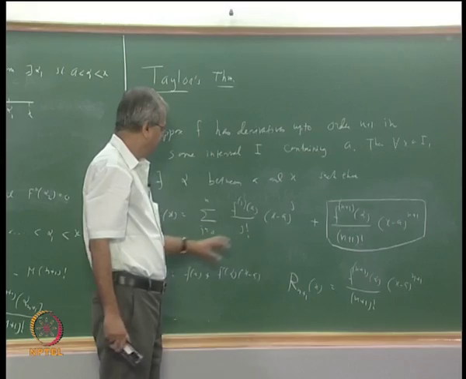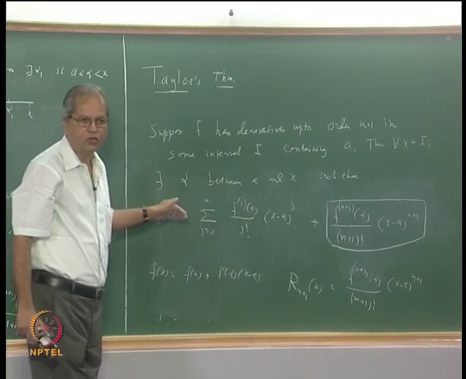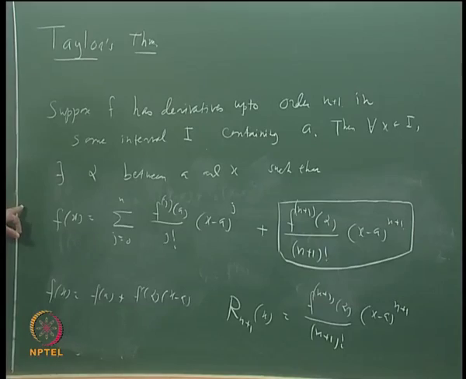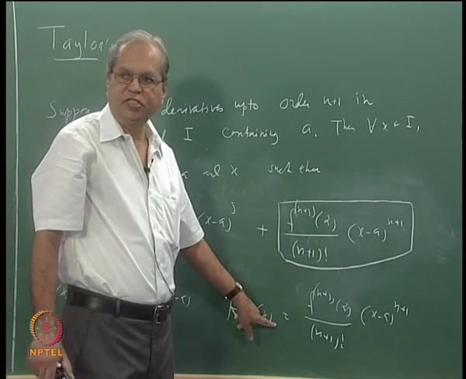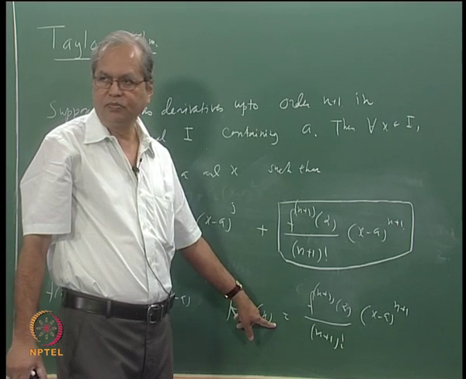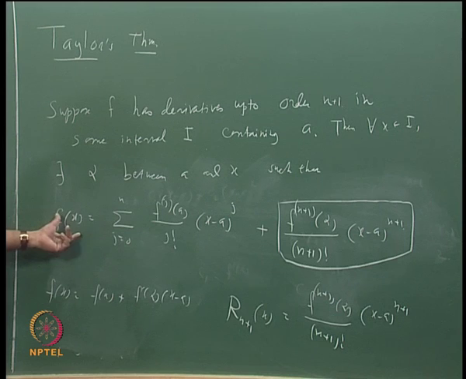Then the polynomial p n x is nothing but what you will normally call the partial sum of that series, and this remainder term will express the difference between the partial sum of the series and the value of the function.